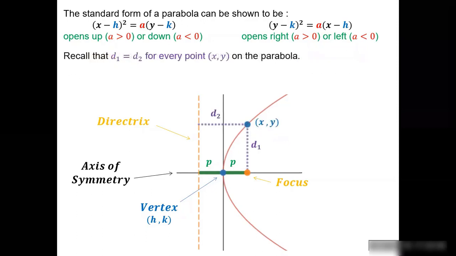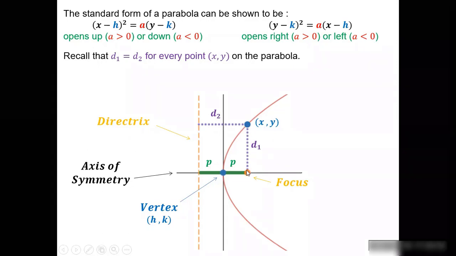Now, remember that we learned a property of parabolas that said for any point that we choose on the parabola, the distance to the focus will always be equal to the distance to the directrix. Now, what if we pick the point that's parallel to the directrix and straight up from the focus? What if we'd like to find this blue point that's straight up from the focus?